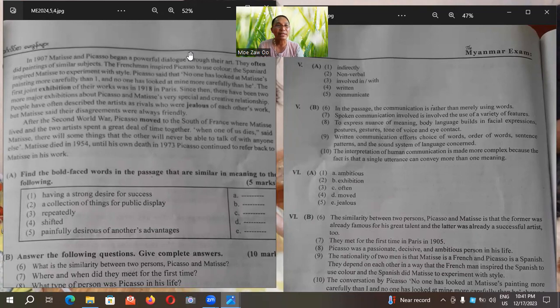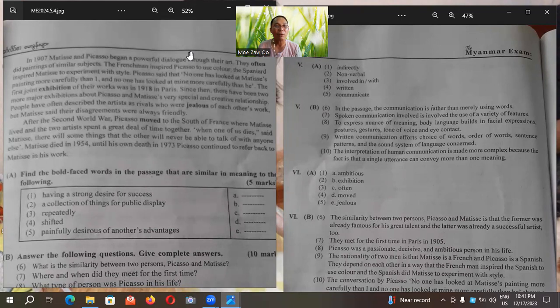Major exhibitions about Picasso and Matisse show their very special and creative relationship. People have often described the artists as rebels who are jealous of each other's work. But Matisse said their disagreements were always friendly.